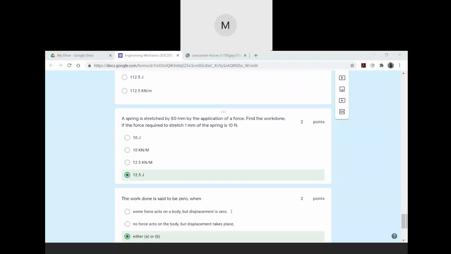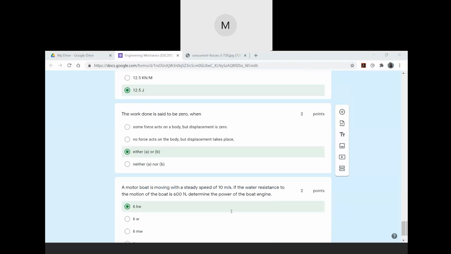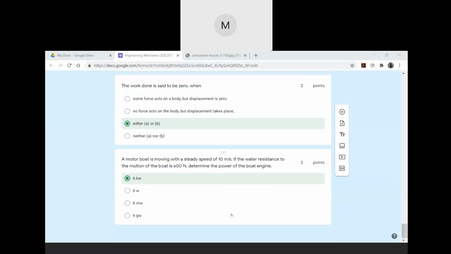After that, there is one MCQ. Work done is said to be zero when. Look, in certain cases there is no work done. So work done means what? Force into displacement.